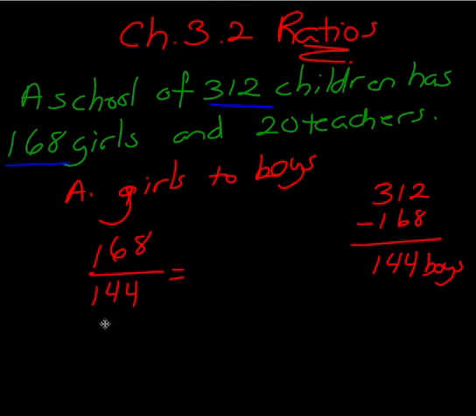Okay, so I'm going to reduce this, and it reduces to the ratio 7 to 6. That means for every 7 girls, there are 6 boys. Okay, now that's fairly simple, isn't it? That's not too bad.